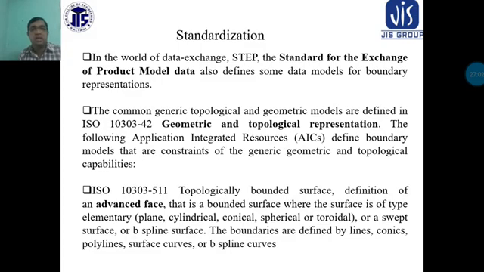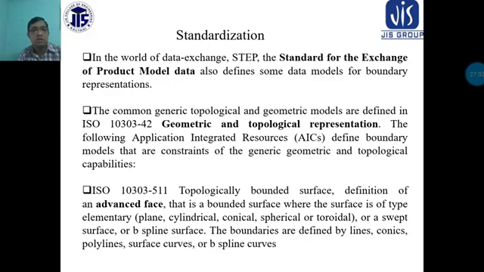And standardization comes here. In the world of data exchange, there is STEP, the standard for the exchange of product model data. The STEP standard also defines some data models for boundary representations.